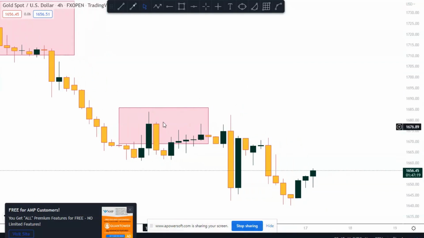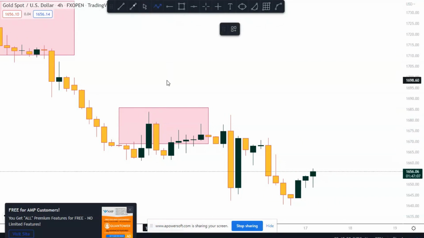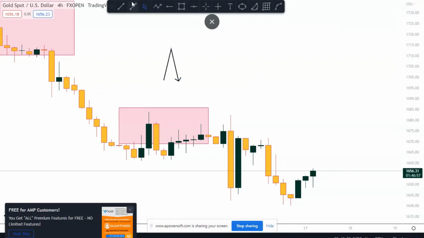Now, you can see that on the daily, this is a rejection, because we got an impulse move that was going up, and then we got an impulse move that was coming down. What does it mean? If we get an impulse move that goes up and immediately we get another impulse move that comes down, it means this one forms a candle wick.